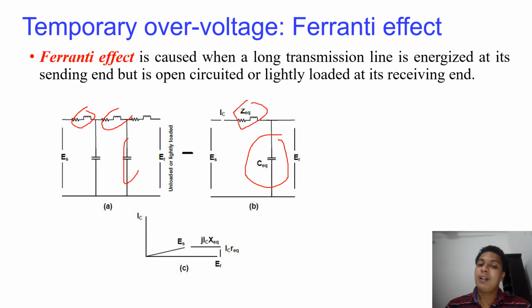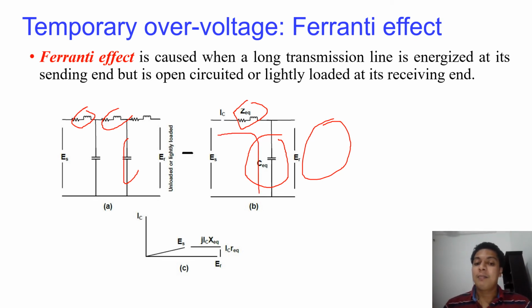So when your load is not there or it is unloaded, this capacitance part becomes more dominant. Because of that, you have more capacitive current. If you take the phasor diagram, ER is considered as the reference. Since the circuit is more capacitive, your total current will be probably IC only, or very much nearby IC.